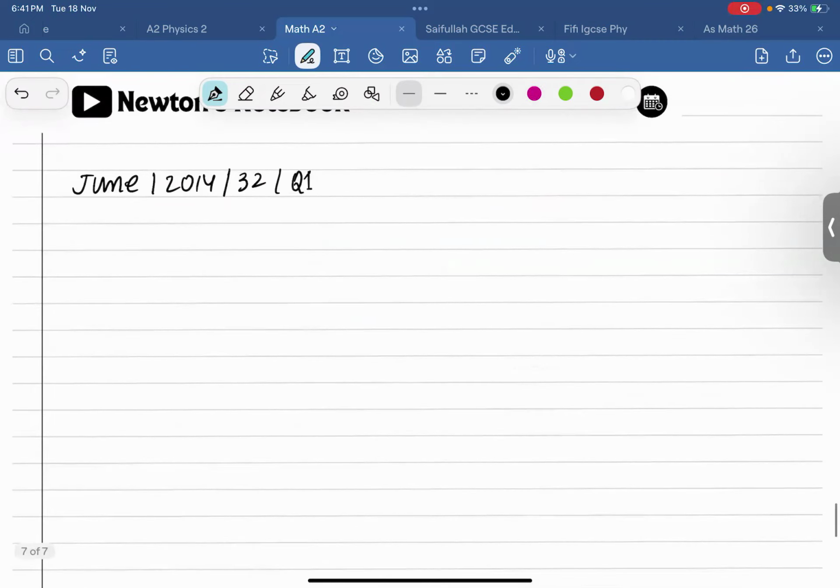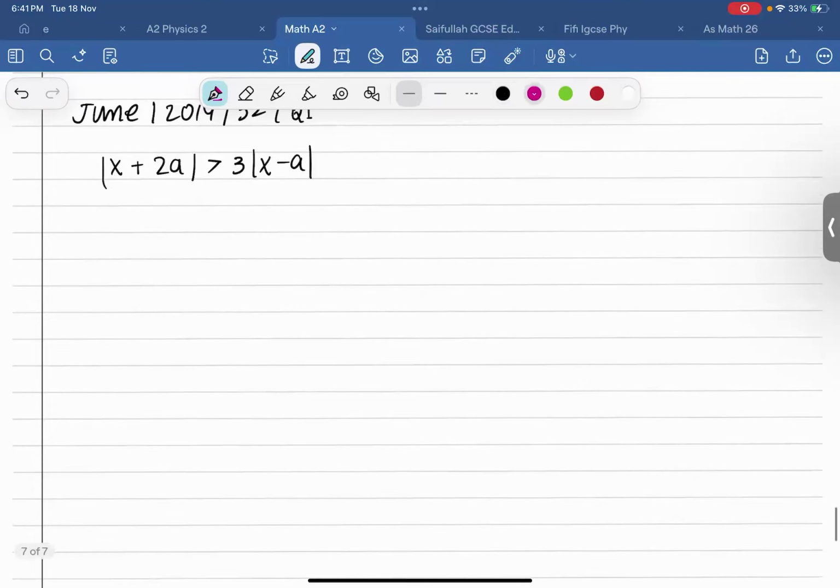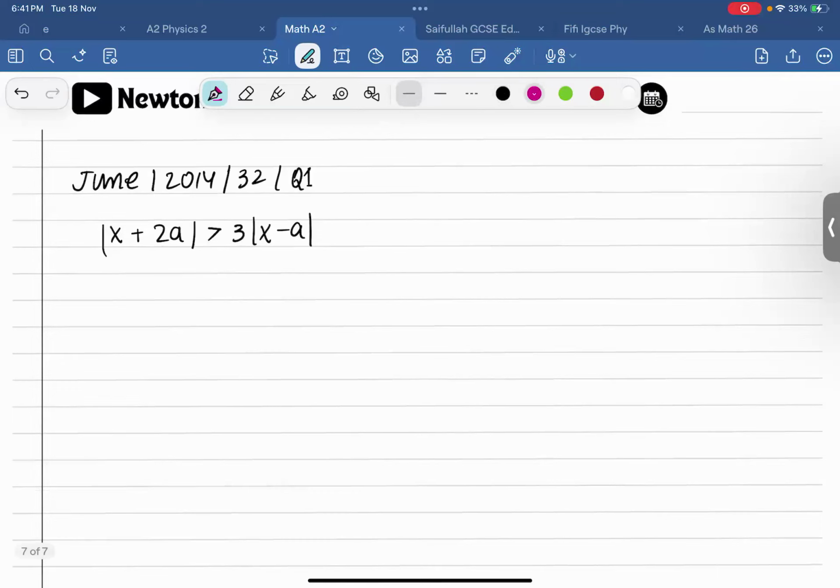It says modulus of x plus 2a is greater than 3 times modulus of x minus a, right? This is the inequality. Now, you can solve it either by squaring both sides and expanding, but you won't be able to solve that easily because a and x both get squared and then it would be difficult for you to solve, right?